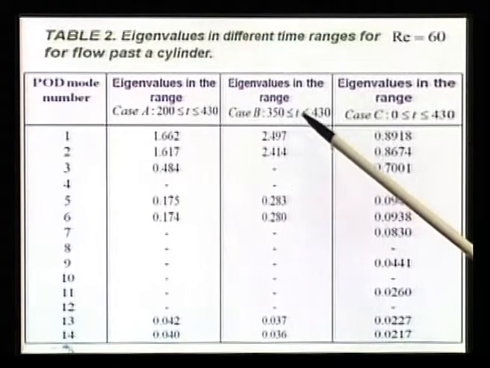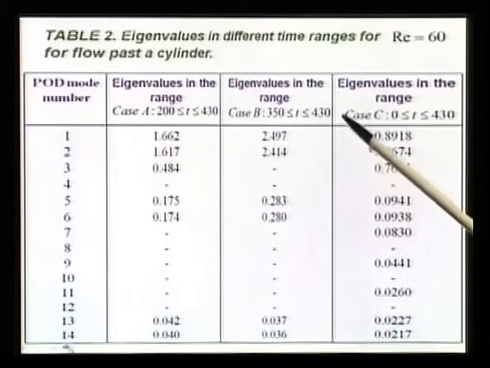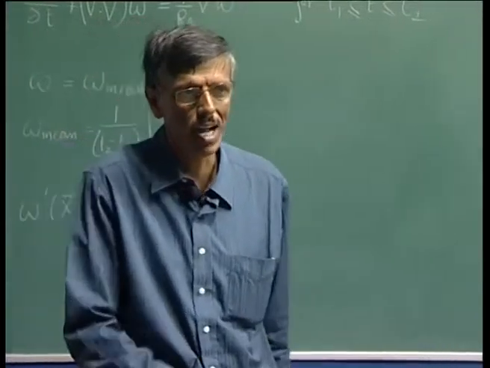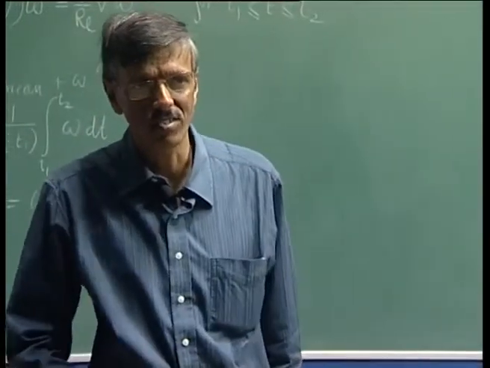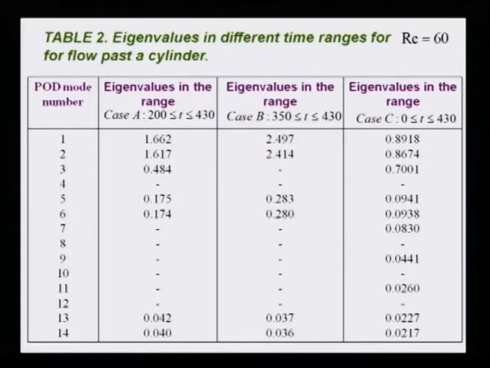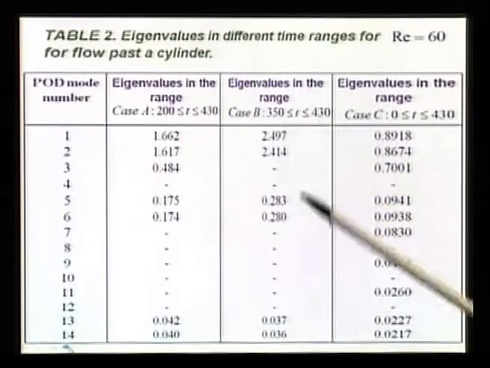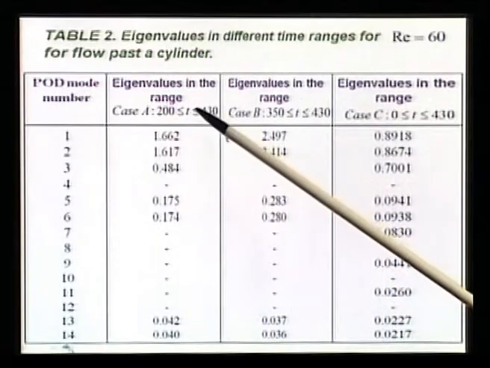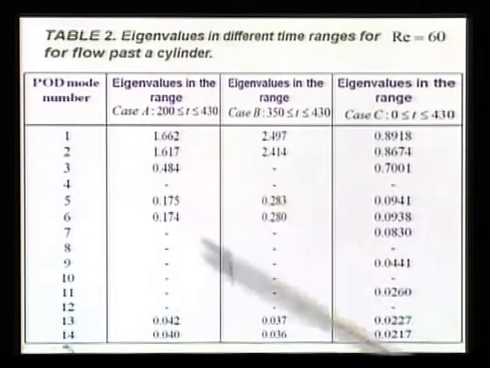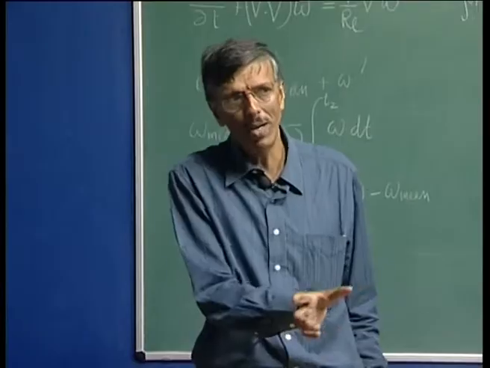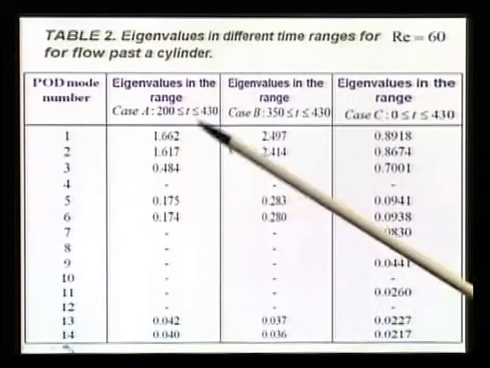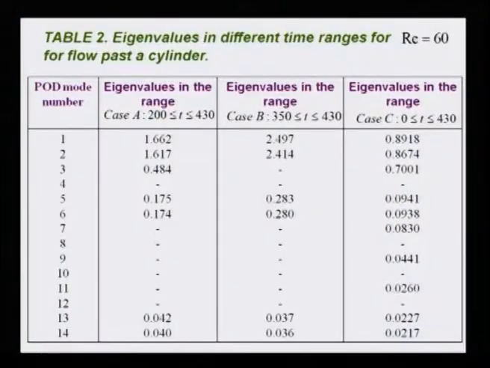We can look at a subset of it, 350 to 430, where you may have arrived at the statistically stationary part. That is your case B. By 350 all the transients would have gone. But then we can also take a case which I call case A, which will have some bit of the late stages of transients plus the equilibrium state.